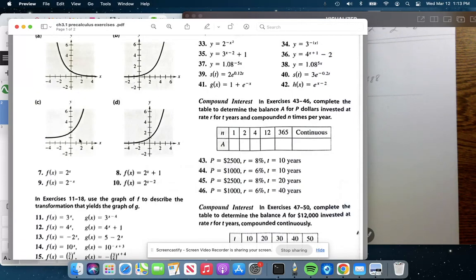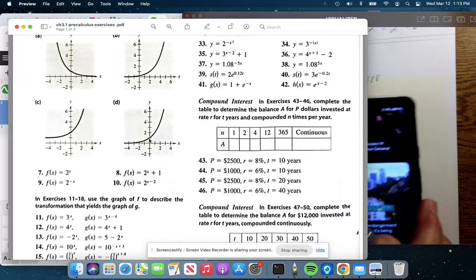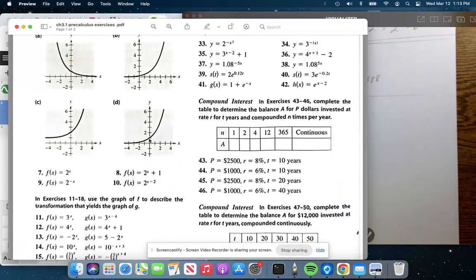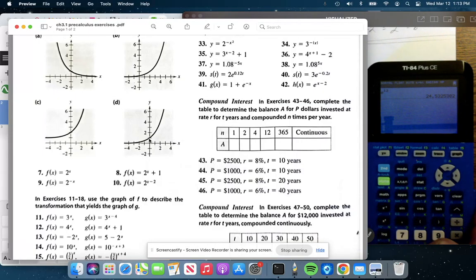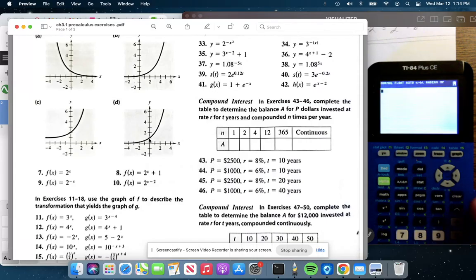Now, of these 3, only one of them crosses at 1, so I think it's this one, because when I make x 0, anything to the 0 power is 1, so that's right there, right? So let's do 2 raised to the 0 power, and notice I get 1. Okay, so it's got to be this one. So this one goes with 7. 7 goes with D.